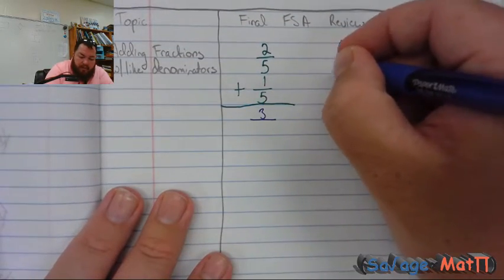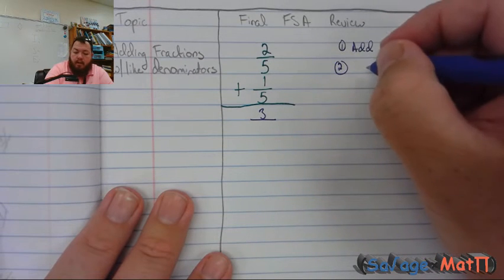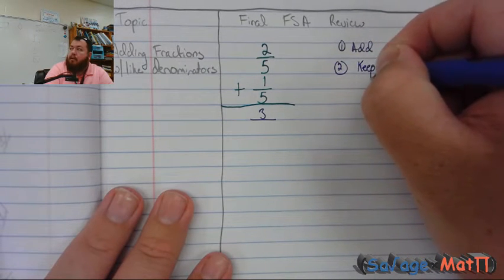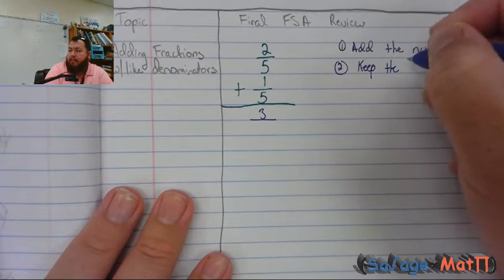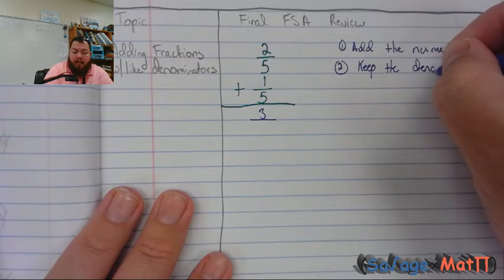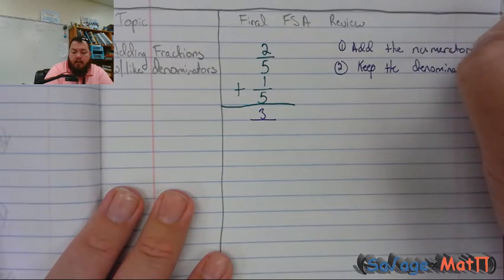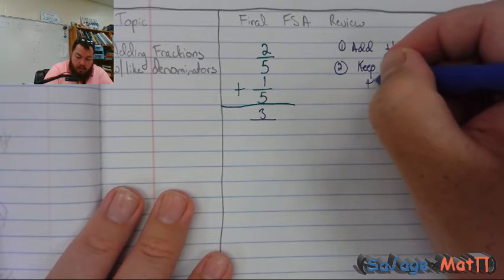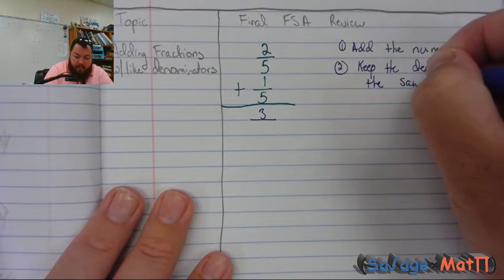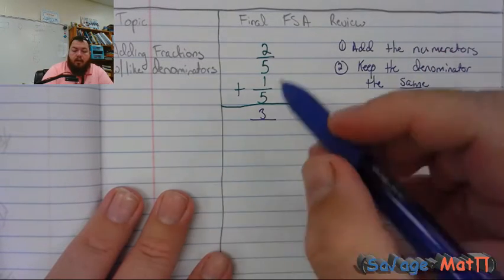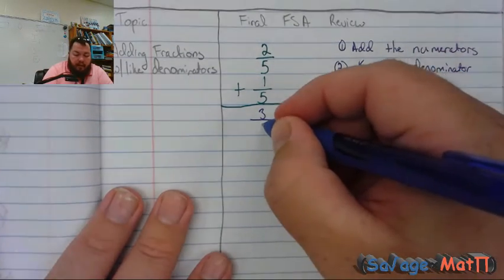Our second step: keep the denominator the same. So all we're going to do is bring down the 5.